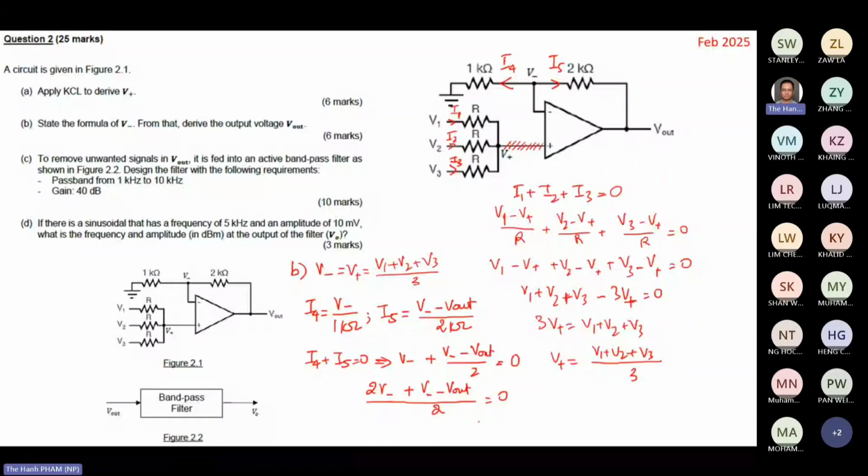So from here, you have 3V minus minus Vout is 0, or Vout is 3V minus. So if you have 3V minus, basically you have V1 plus V2 plus V3.